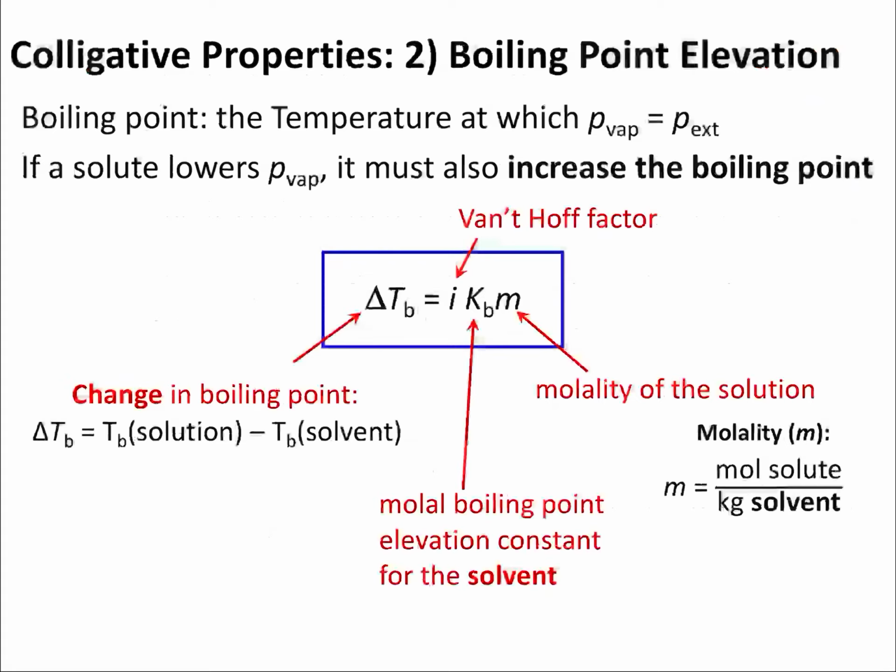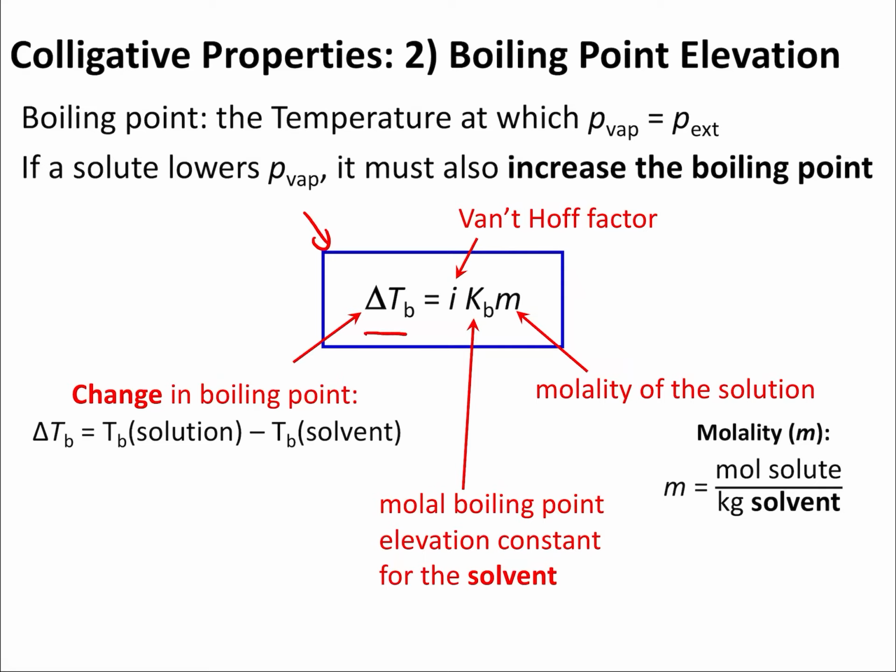Second colligative property we're going to be looking at is boiling point elevation. Boiling point elevation is basically the phenomenon that if you have a solution, if you have something dissolved in a liquid, the boiling point of that liquid will increase the more material you have in there. The equation which governs boiling point elevation is shown here in the blue box.